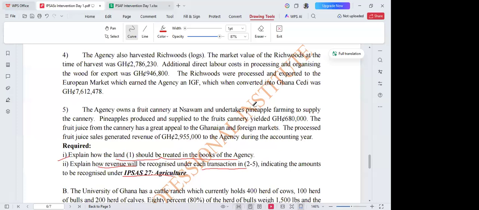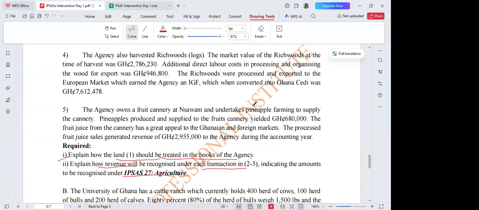The rich woods were processed and exported to the European markets, which earned the agency an internally generated fund, which when converted into Ghana cedis was 7,612,478 Ghana cedis.